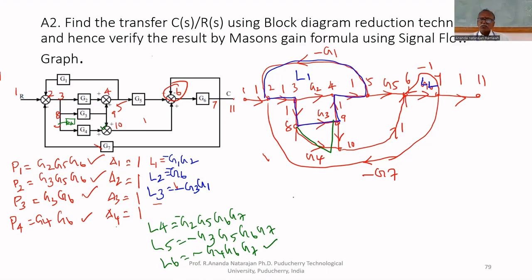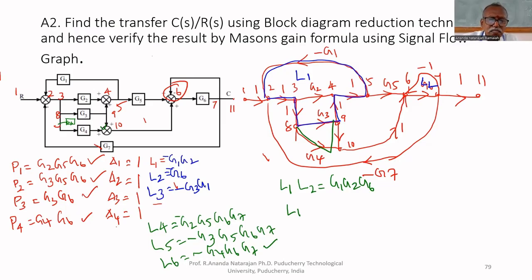What are the non-touching loops? L1 and L2. That is non-touching. That is G1, G2, G6. L1, that is G3, G1.